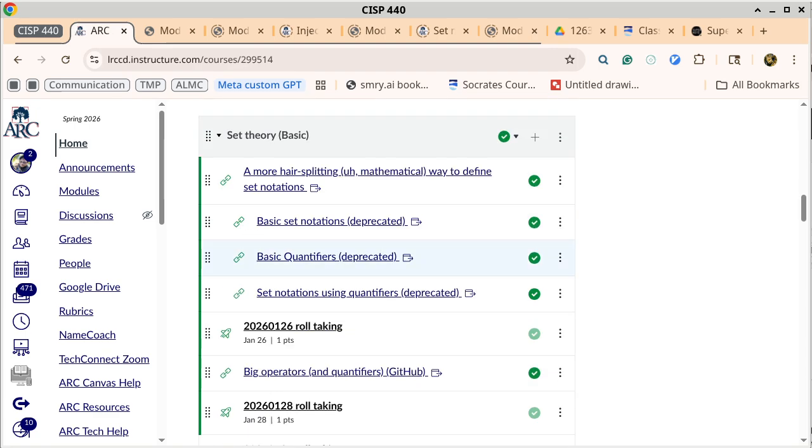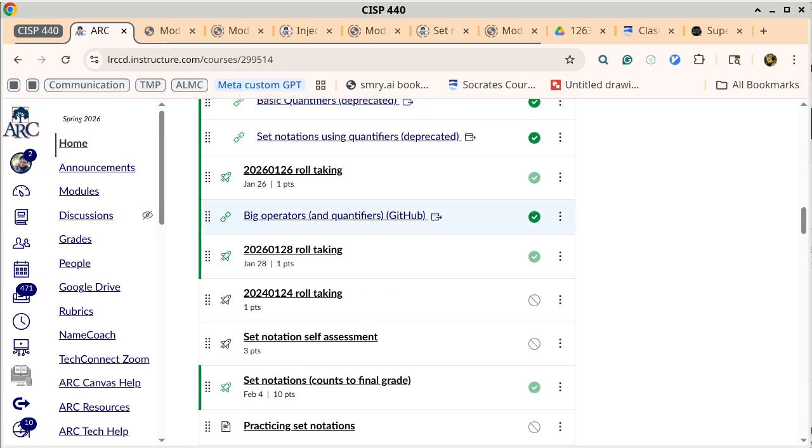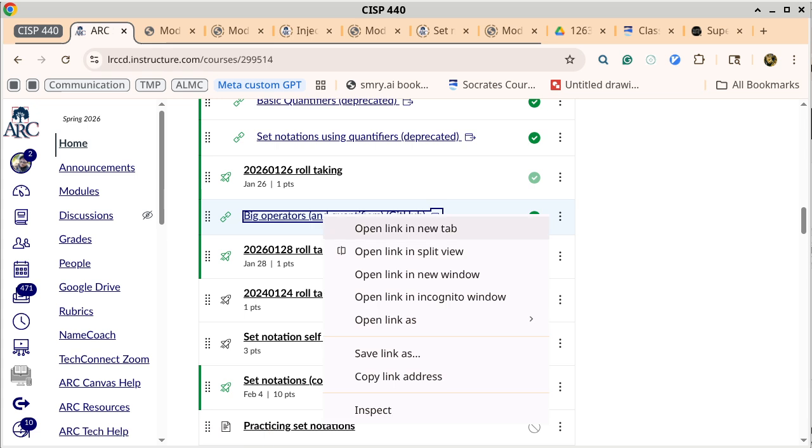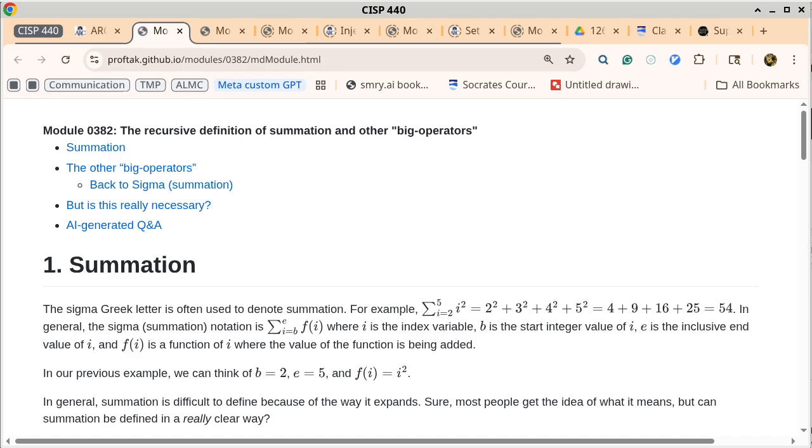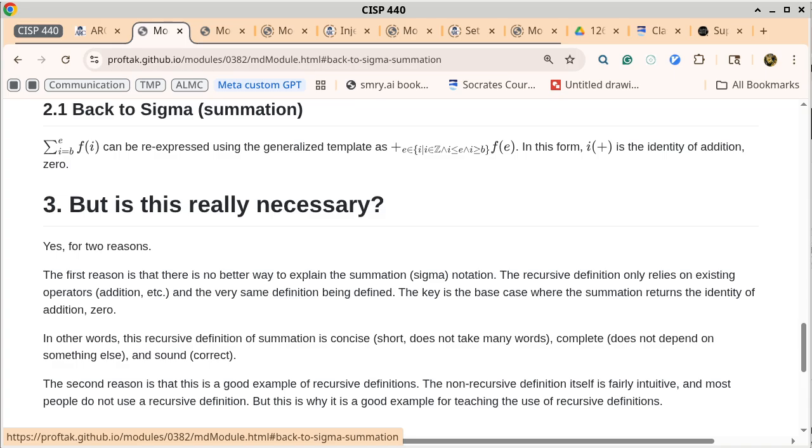So it's under set notation. I believe it is this one, big operators. So when you open the big sigma, the big operator, then you can go back to the sigma notation.